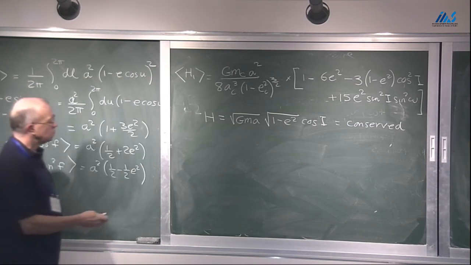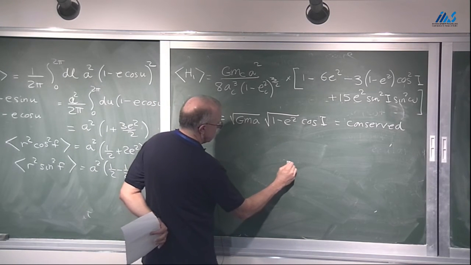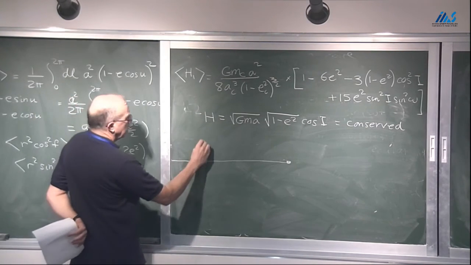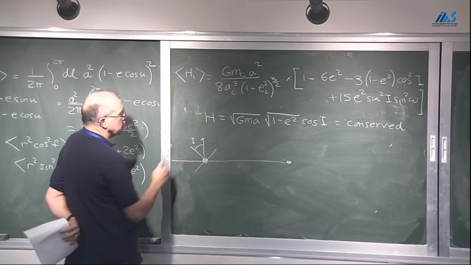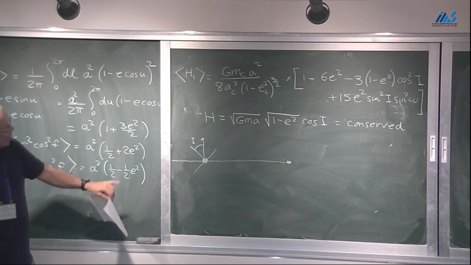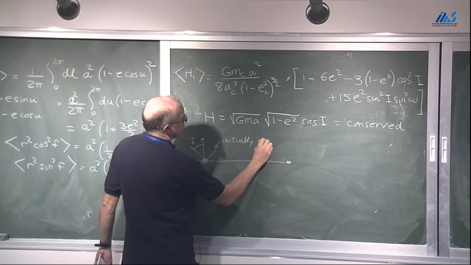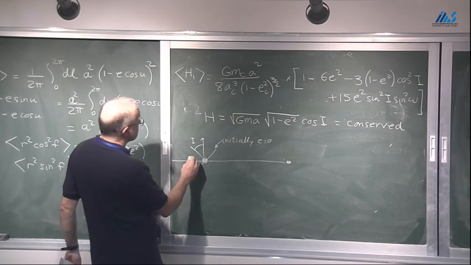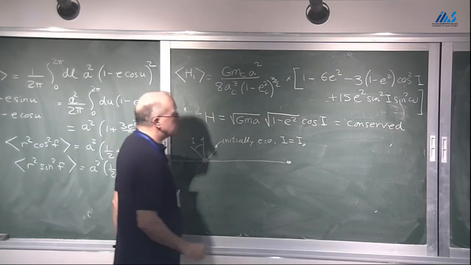Let's suppose that here's the host star, here's the companion going around on an orbit that's perpendicular to the plane of the blackboard, and that the planet's initially in a circular orbit inclined to the orbit of the external star by some inclination I. Well, we know that h is conserved, and let's say that the initial inclination is I0.